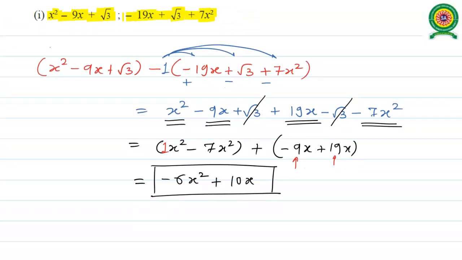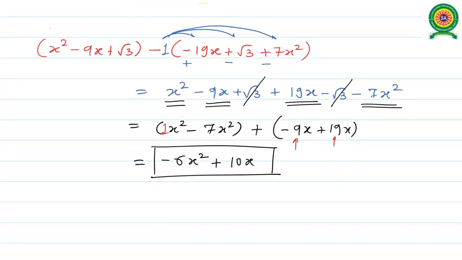Now look once towards the vertical subtraction also. Suppose the minuend is x square minus 9x plus root 3, and the subtrahend given is minus 19x plus root 3 plus 7x square.